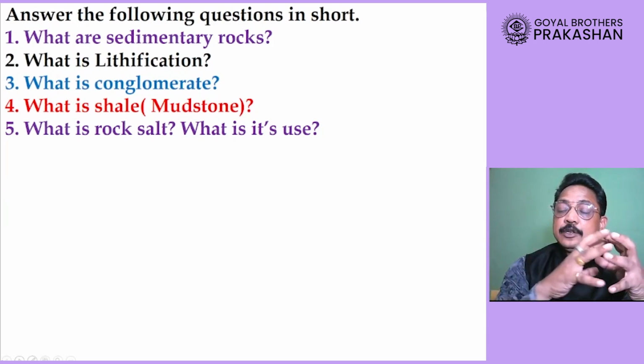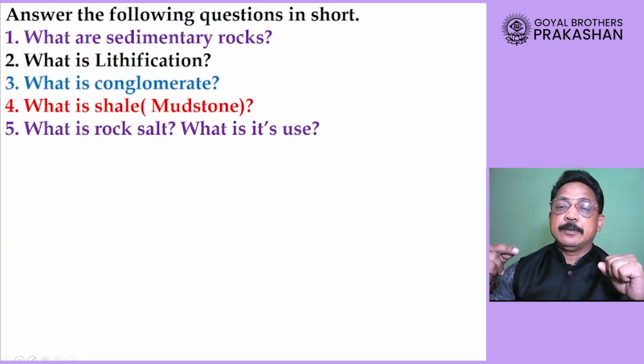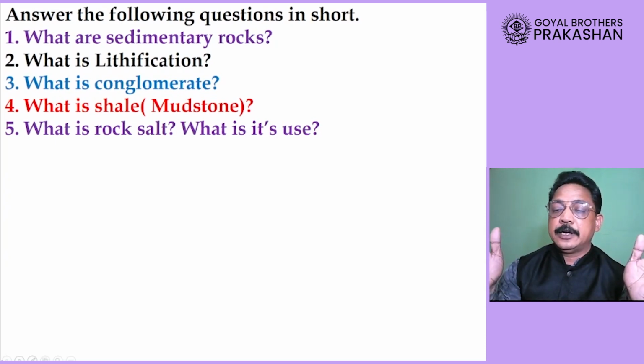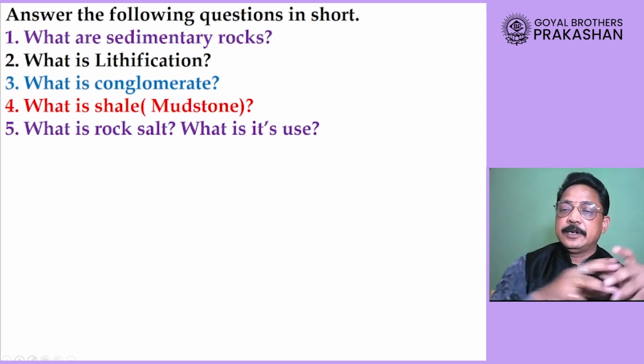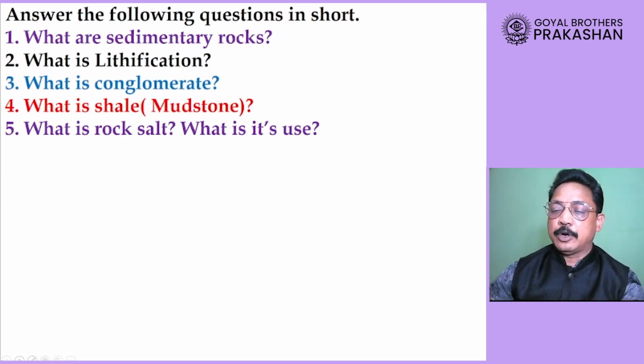One example of that cementing material is calcium carbonate. So cementing material makes pebbles, gravel etc. get stuck to one another, resulting into formation of rock. We call that rock by the name conglomerate.